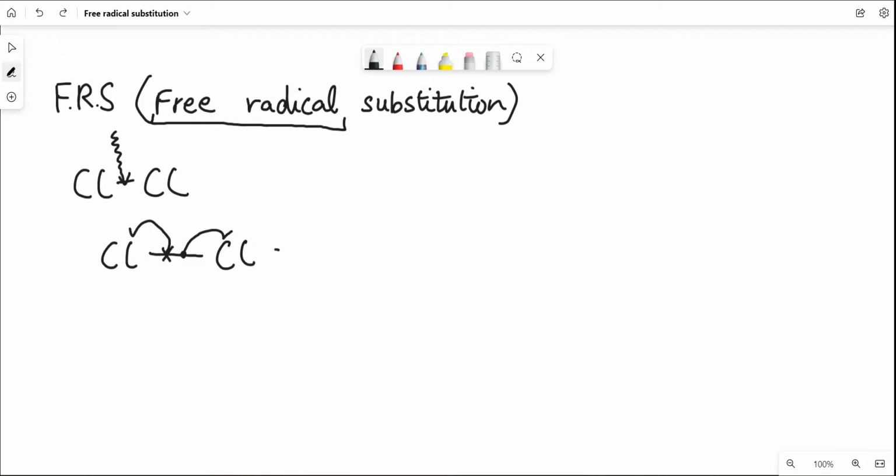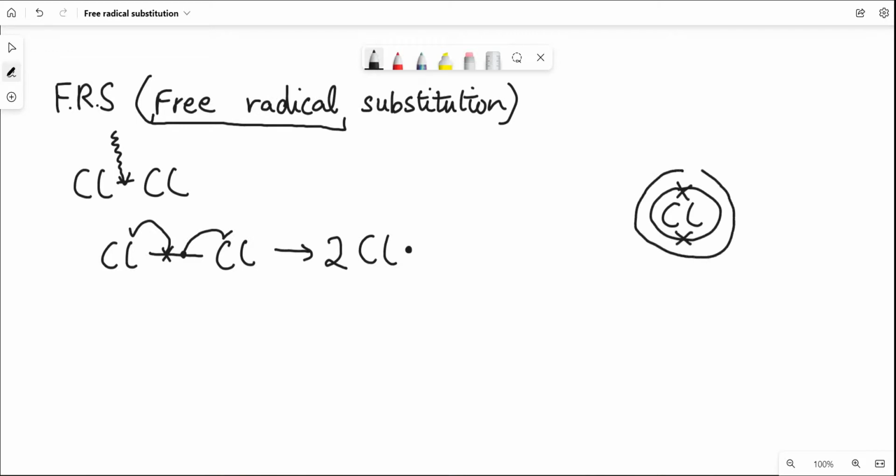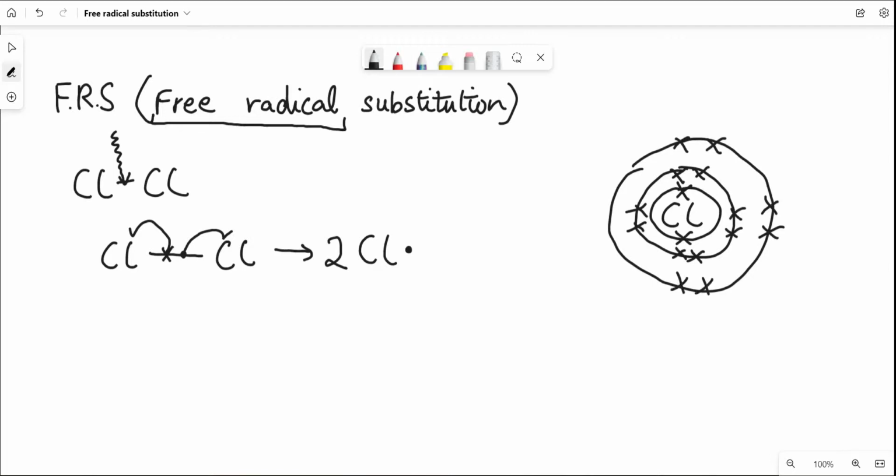Here, what basically happens is it forms two Cl radicals, and these radicals are formed because, remember, Cl has a proton number of 17, as you can see from the periodic table, and that has a structure of 2 electrons in the inner shell, the first shell, 8 electrons in the second shell, and 7 electrons in the third shell. 1, 2, 3, 4, 5, 6, 7.